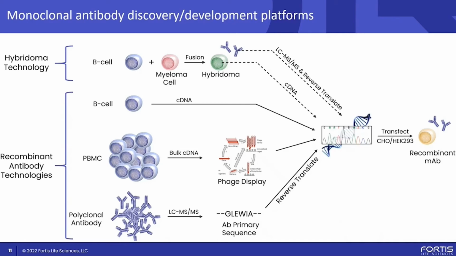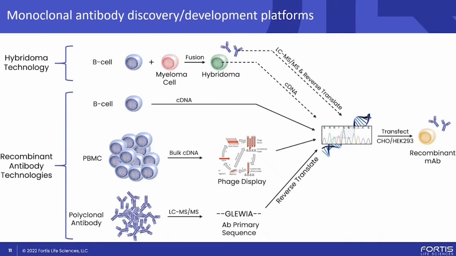But if you fuse them with an immortal myeloma cell line, you end up with a cell called a hybridoma, which literally is the chromosomes of the B cell and the chromosomes of the myeloma cell jammed together into one cell. That cell is now immortal and also produces the antibody that the B cell used to produce. So that's traditional hybridoma technology.